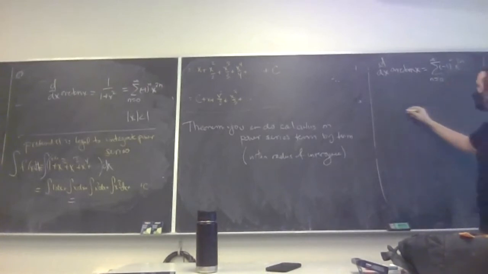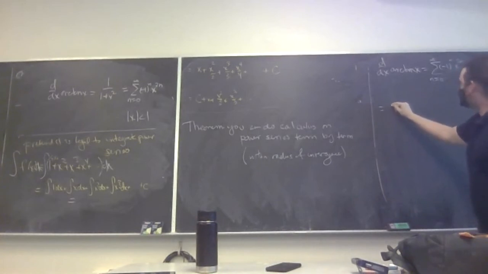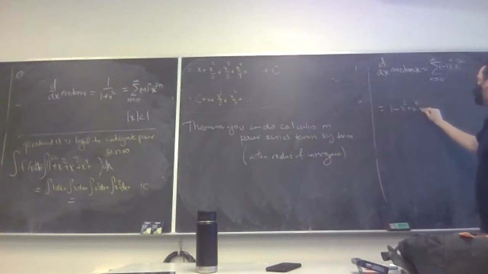So the term by term way would be to write down that this is equal to 1 minus x squared plus x to the 4 minus x to the 6 plus x to the 8 and so on. That the derivative of arctangent is equal to this series.